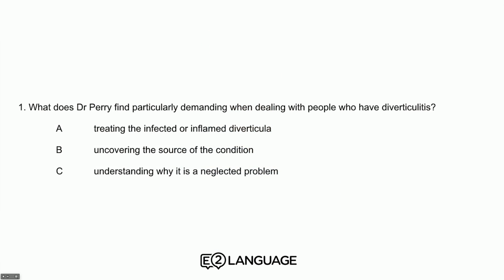Listen carefully. Hi everyone, my name's Dr. Perry and I'm here today to talk about some of the often overlooked risk factors associated with diverticulitis. Firstly, let me give you some background about this condition. Diverticular are small, bulging pouches that sometimes form in the lining of the digestive system.